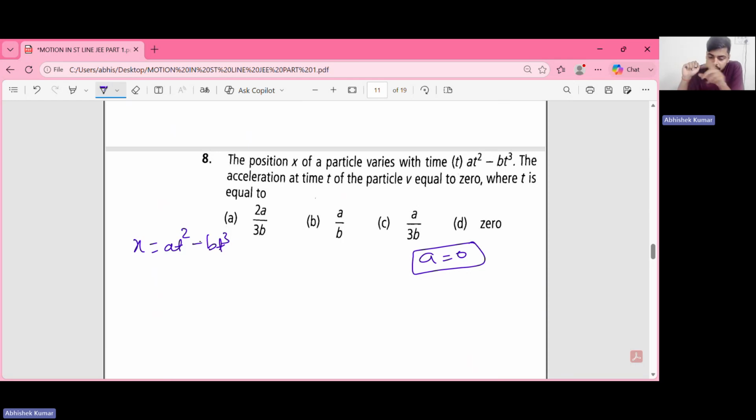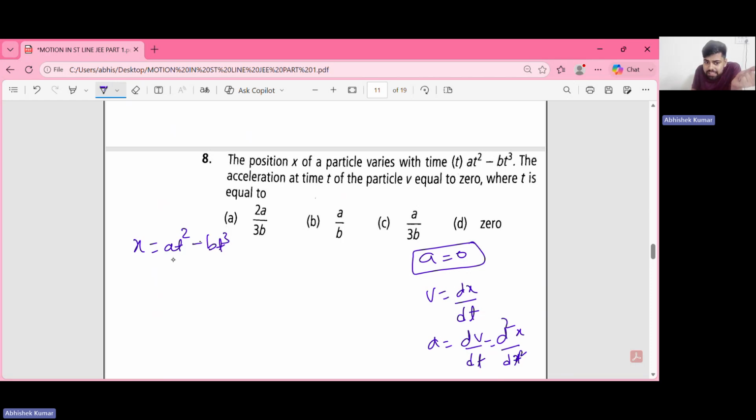When acceleration will be 0, what is the time at that point? They are asking the question. So we know that velocity is the differentiation of displacement. And we also know that acceleration is the differentiation of velocity, dv by dt. So acceleration is the double differentiation of displacement, d2x by dt square. Clear to all?